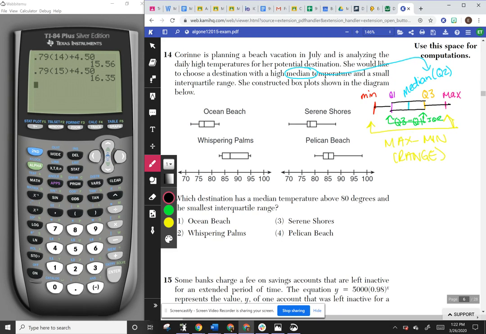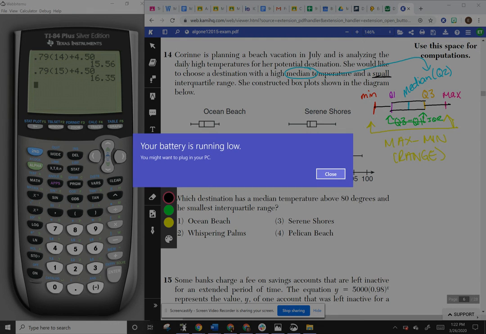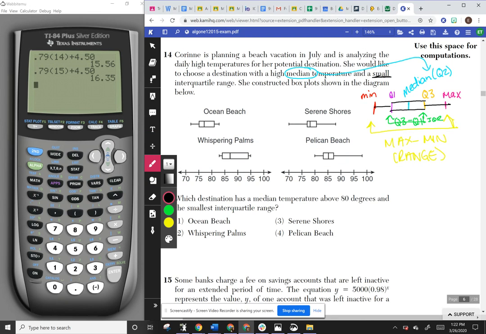So which one of these has the highest median and the smallest interquartile range? Okay, so let's look at our medians first. So I'm just going to drop every line down.